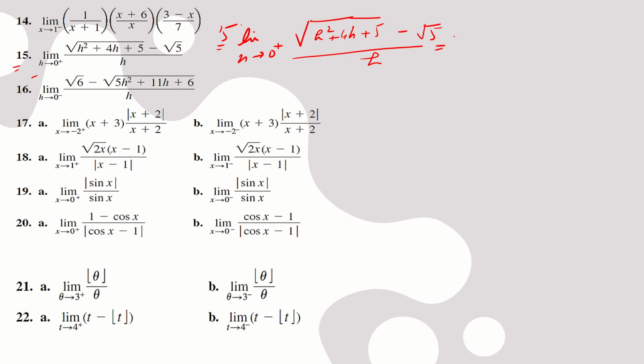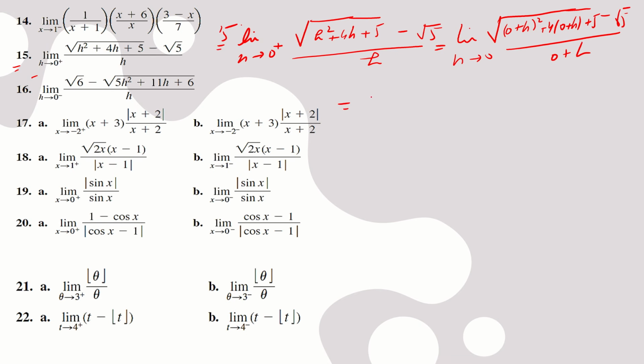You can still use h here. Limit h goes to 0 and replacing h everywhere by 0 plus h. So we can have 0 plus h square, 4 into 0 plus h plus 5 minus under root 5 divided by 0 plus h.